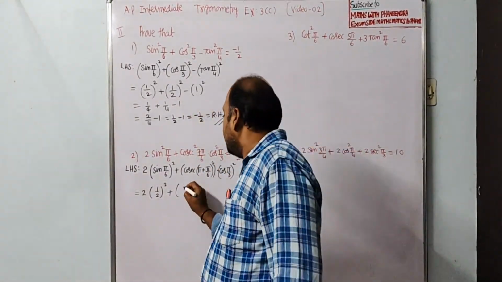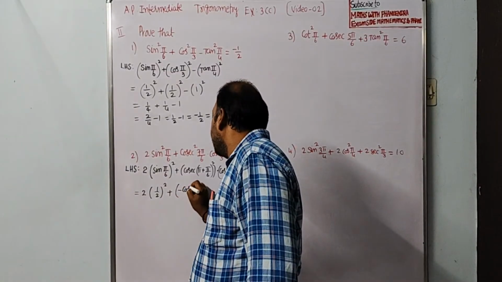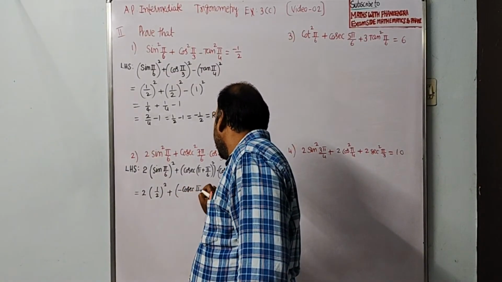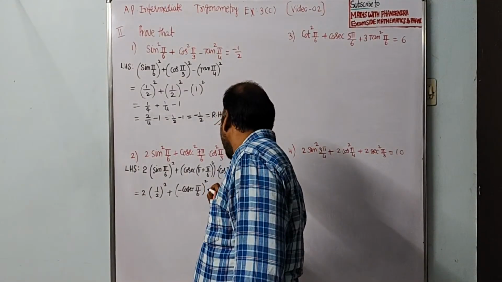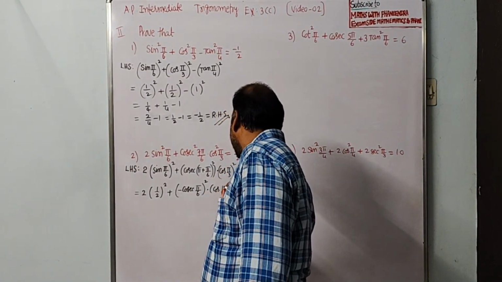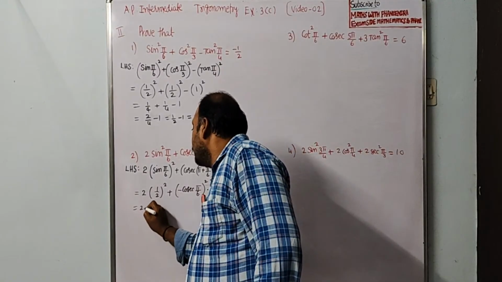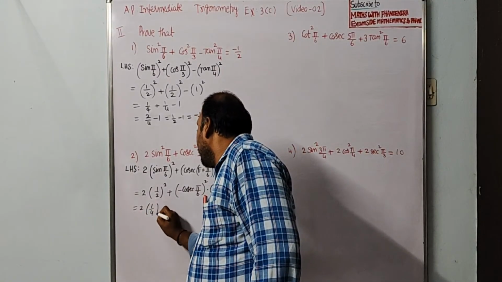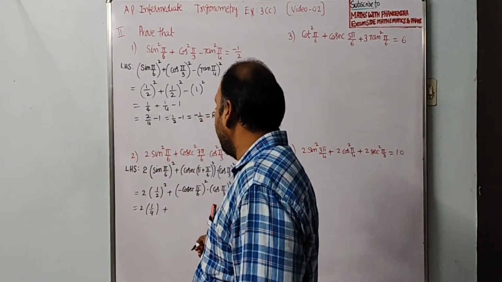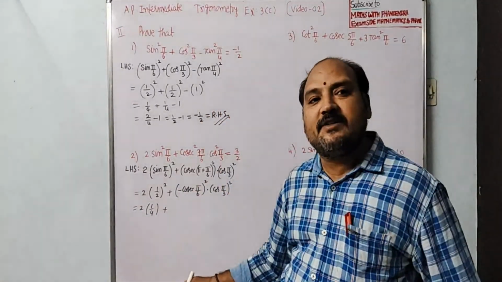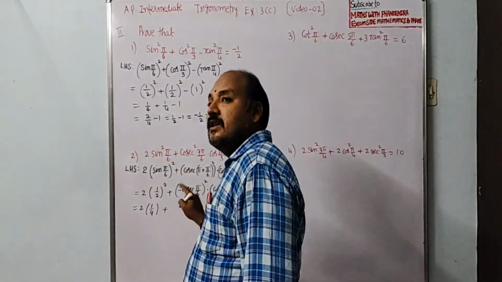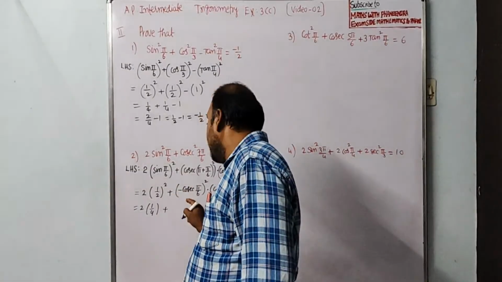Cosecant of pi plus means minus. So cosecant pi by 6 whole square into cos pi by 3 whole square. So 2 into 1 by 4 plus minus square anyway plus cosecant pi by 6. Pi by 6 means what? 30. Sin 30 is 1 by 2 means cosecant 30 is 2.